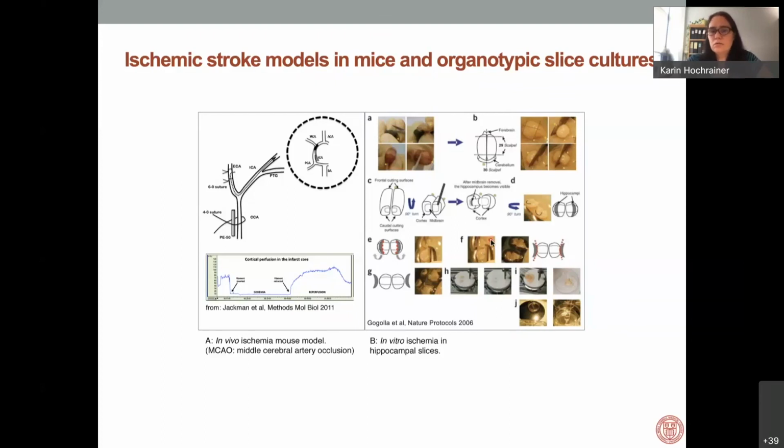These can be then grown on membranes for many, many days, weeks, and then can be exposed to hypoxic chambers and glucose deprivation by just removing glucose from the media. And the good thing about these tissue slices is that you have really an intact slice of tissue rather than just single cells of one type.